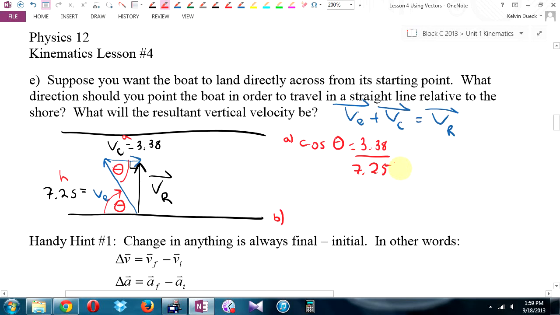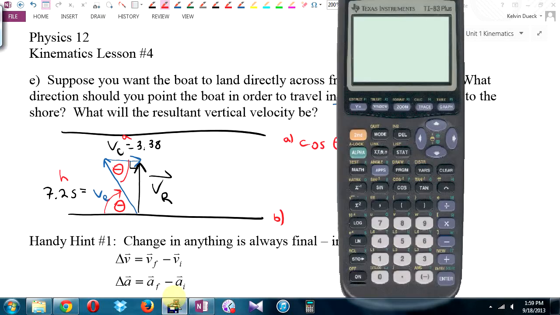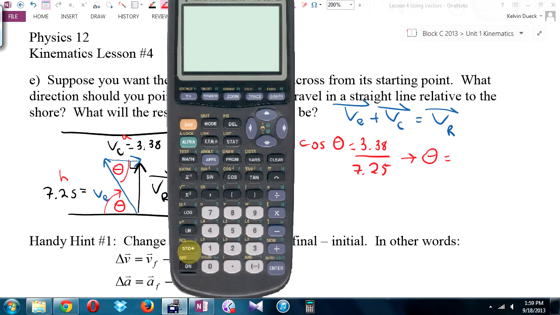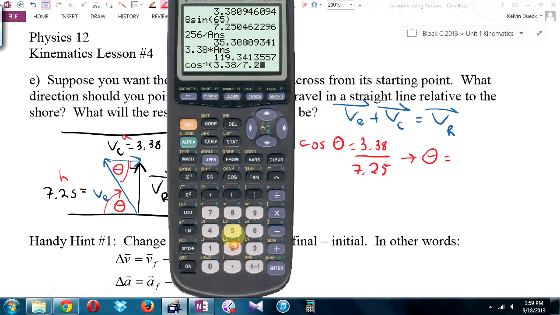What do you get for theta? 3.38 divided by 7.25, and I didn't get 65. Close, but I didn't get 65. 62.2, is it 62.2?